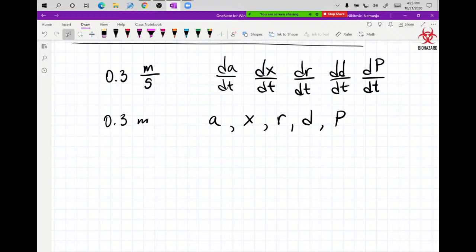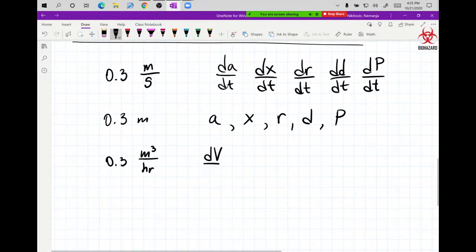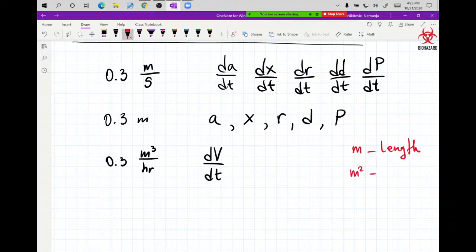So now, if I am to see 0.3 meters cubed per hour, I immediately know that's dV dt, because meter cubed, that's volume. What we have here is meters, length. Go ahead, put feet, I don't care. Meters squared, area, meter cubed, volume.